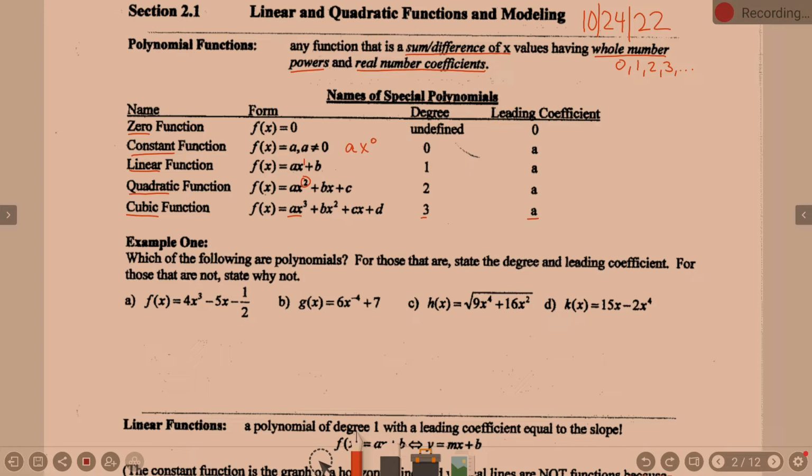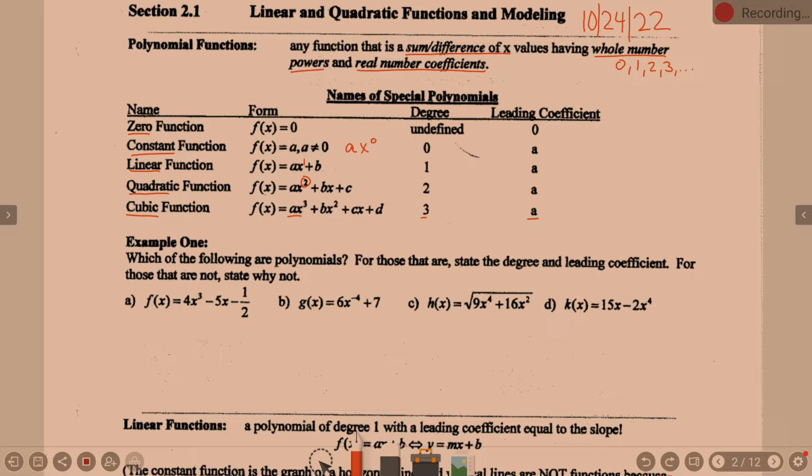If it is, I'm going to ask you, we're going to talk about what is the degree and the leading coefficient. If it's not, we need to talk about why is it not a polynomial. So thoughts on A? Polynomial or not a polynomial? Does it meet these requirements up here?